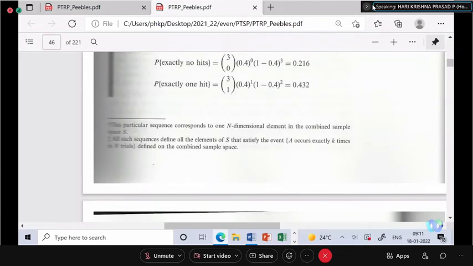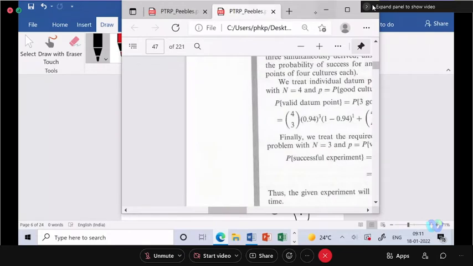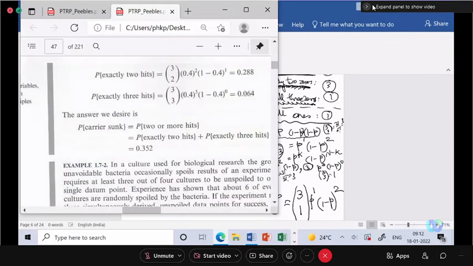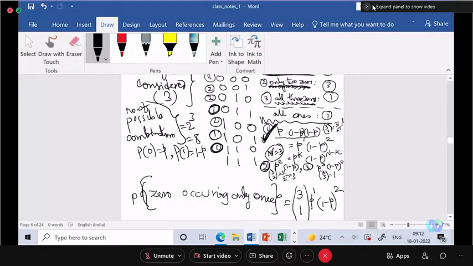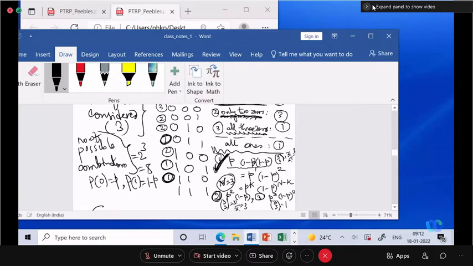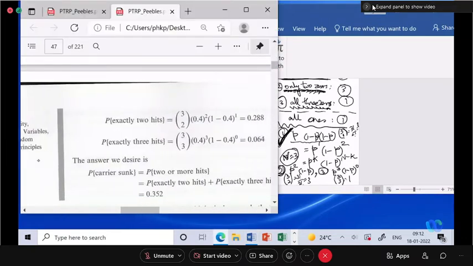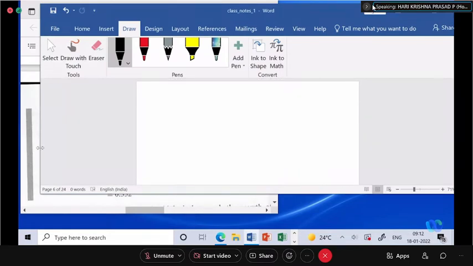So can we infer any feature out of this? What I'm trying now is to note down those probabilities. That's all.